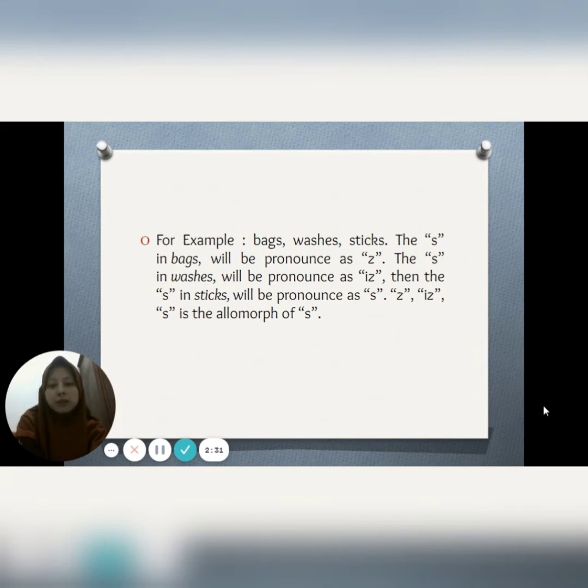The s sound in bags will be pronounced as a z sound. The s sound in washes will be pronounced as an iz sound. Then the s sound in sticks will be pronounced as an s sound. The z sound, iz sound, and s sound are the allomorphs of the s sound.